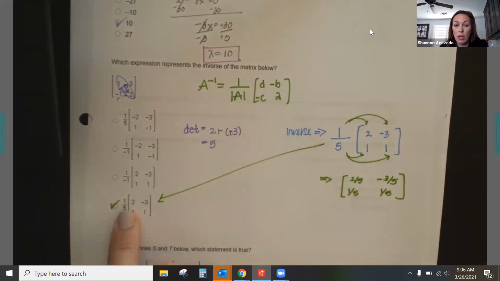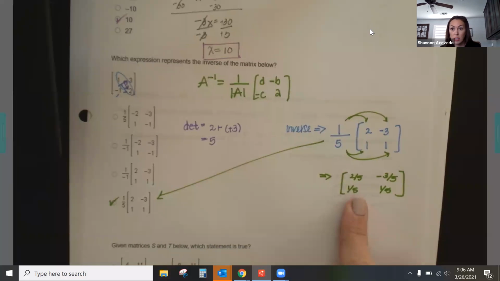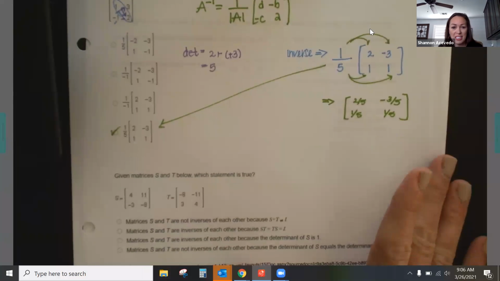They happen to leave it written like this, but this isn't wrong either. So look at how your answers are written. They'll be written one of 2 ways, so you should be able to match them up, but just pay attention. I did this my first time around, and then I was like, oh wait, I did extra work. I didn't even need to do that if I would have paid attention. So just things to point out to you guys.